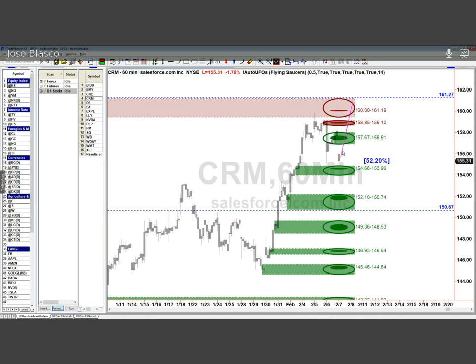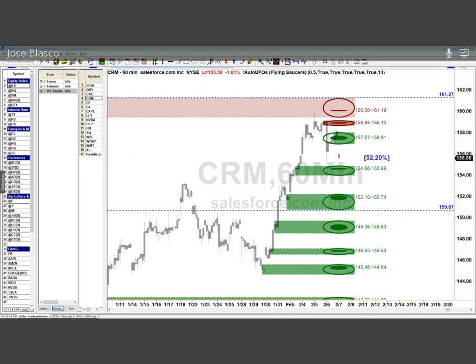That way we begin the trade where the price of CRM is more or less in the middle, more or less equal distance to the points above and below the lines. That proves us wrong. And as long as CRM remains in this range from now until next Friday, if we use a February 15 expiration, then we would be in a proper trade.